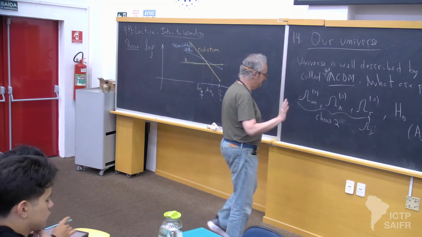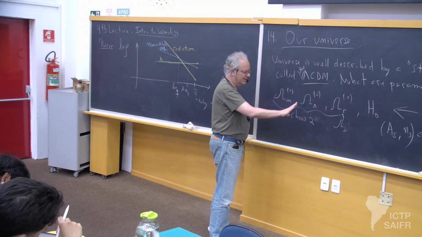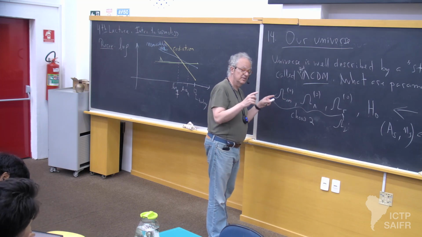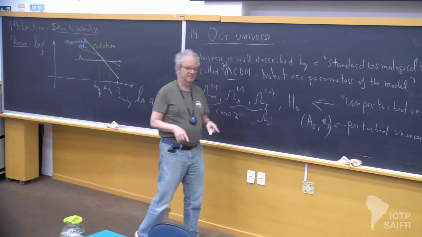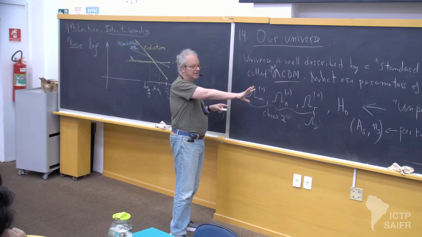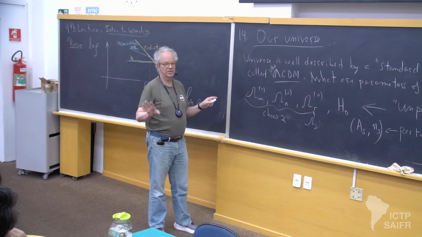There's another thing I have to mention here. When you're talking about perturbations, again, it's important to distinguish matter. So it's important to distinguish cold dark matter and baryonic matter, but only when you talk about perturbations. If you talk only at the background level, they behave the same way, and we don't have to worry about distinguishing them.